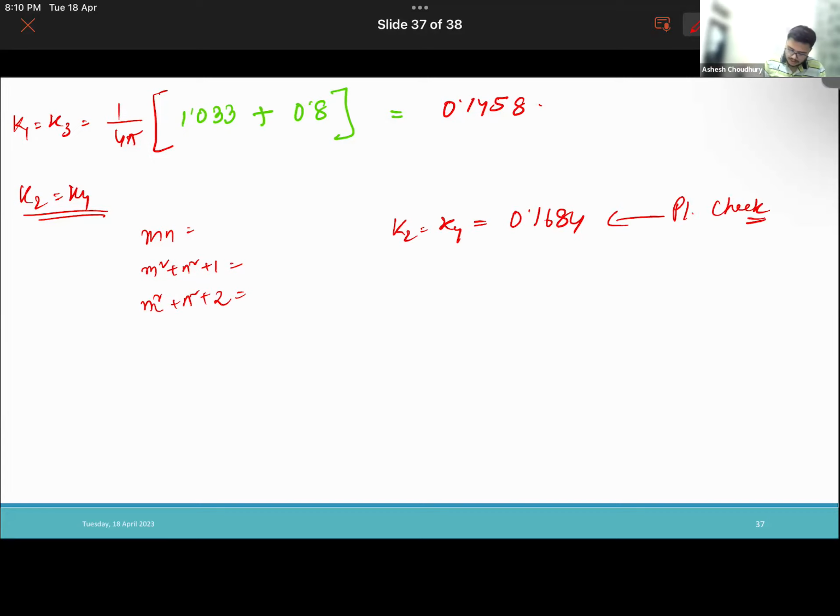So finally, my sigma z will be nothing but 2 into 0.1458 plus 2 into 0.1684 into 250.